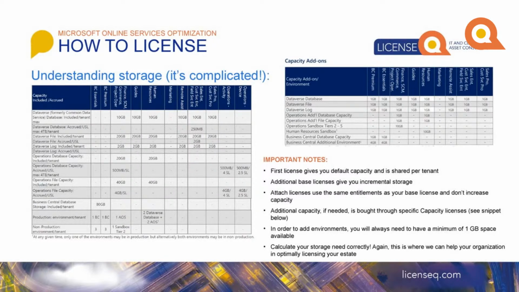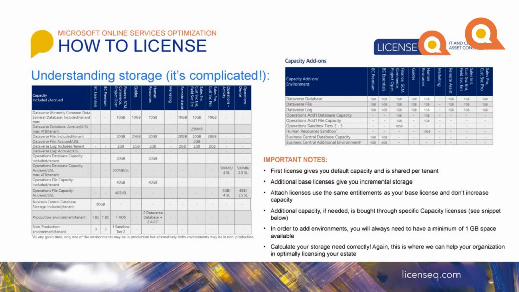So for instance, if we look here at sales enterprise, customer service enterprise, and field service, you would get 10 gigabytes of Dataverse database storage. And for every base license that you buy, you would get an additional 250 megabytes.